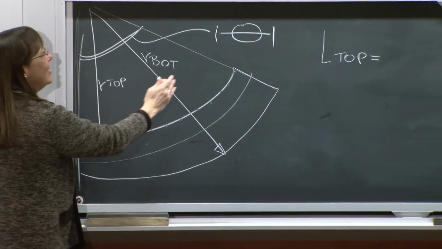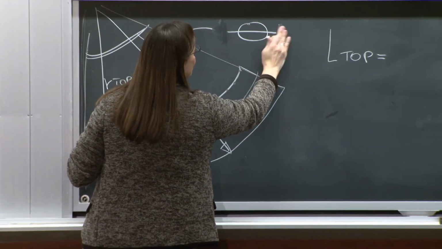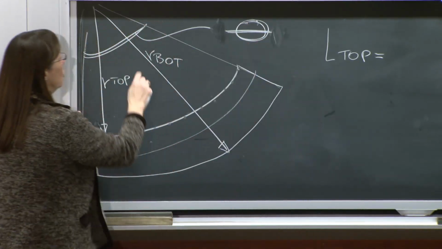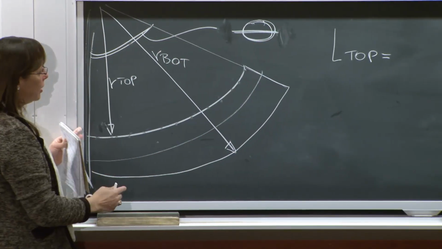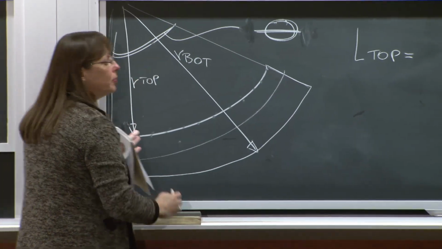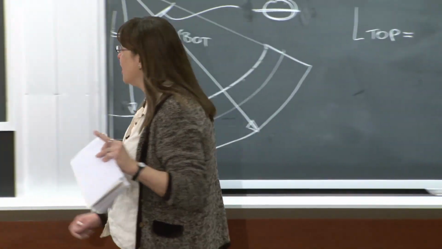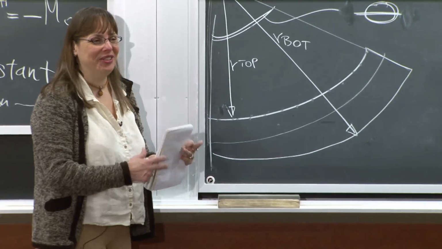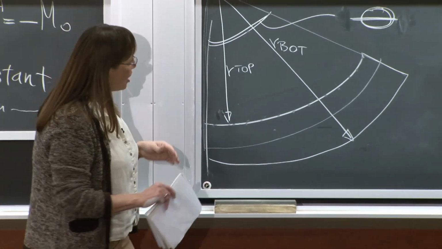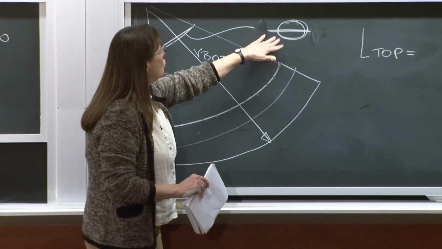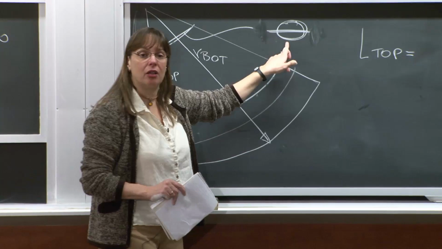So this angle here is still my angle theta. The length at the top is going to be, OK, I'm running out of voice here from screaming against creation. So this angle here is still our friend, the angle theta.